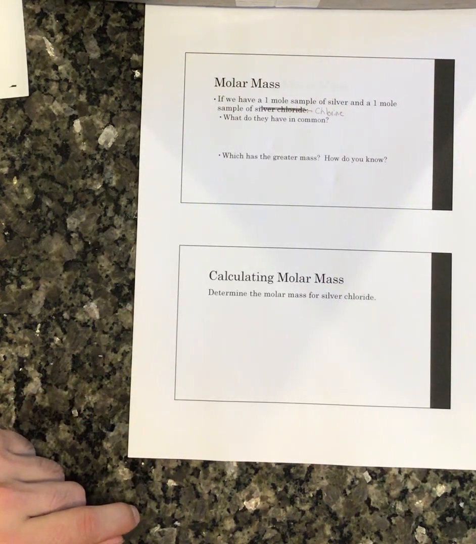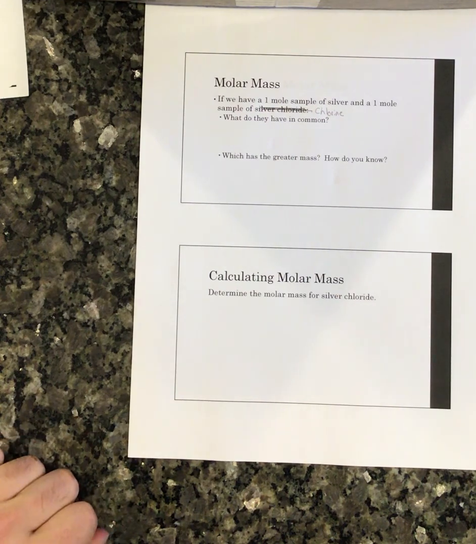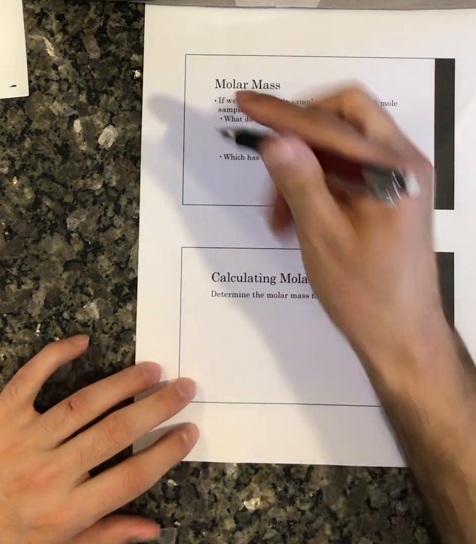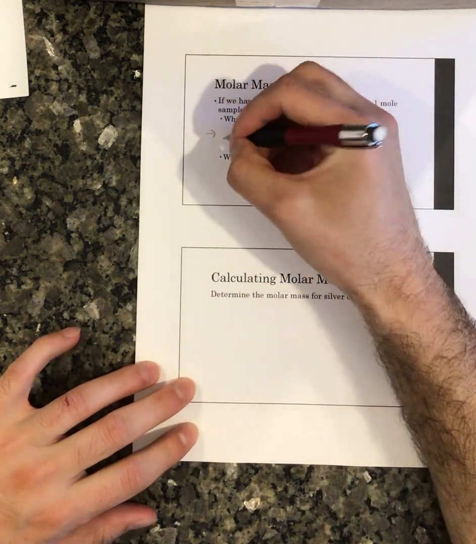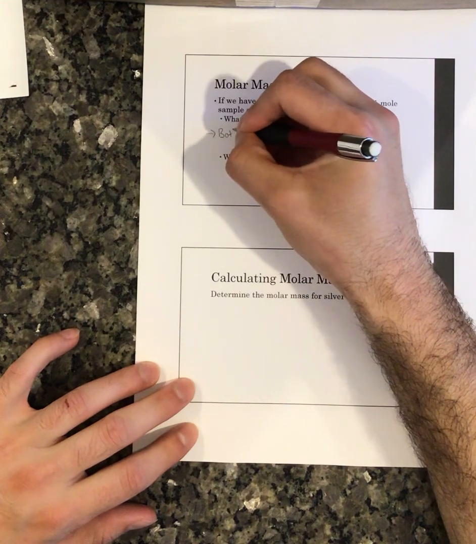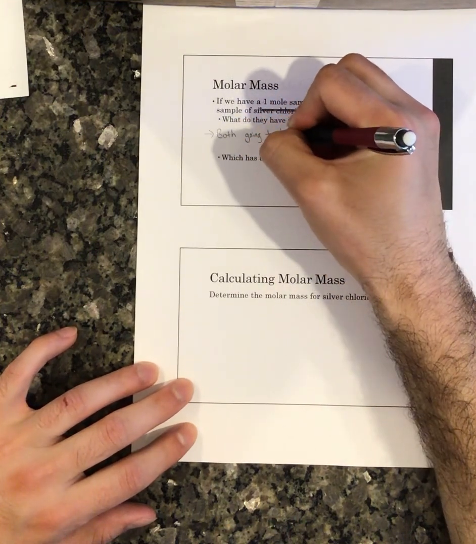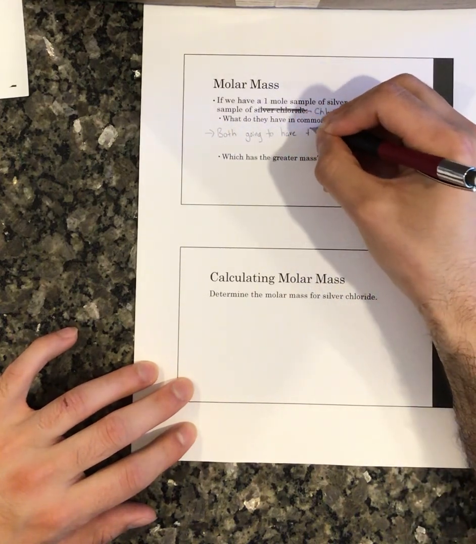Think about that for a second. What would they have in common if I had both 1 mole of silver and 1 mole of chlorine? Well, both of them are going to have the same amount of particles.